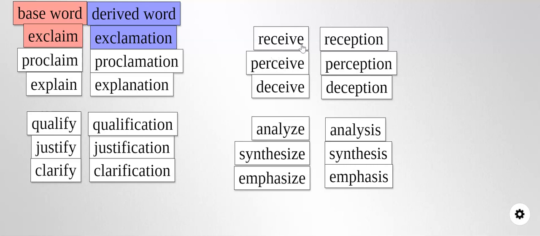And when we change them to the noun, we drop the IVE and we change it to PTION. Reception, perception, deception. And then last, my group here, analyze, synthesize, emphasize, gets an SIS ending. So analysis, synthesis, emphasis. So just kind of interesting to look at how those words are related.